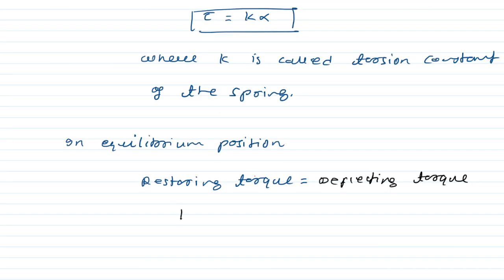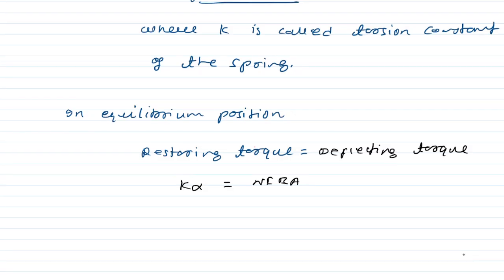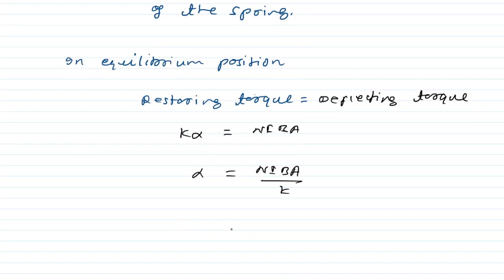So k alpha will be equal to NIBA. From here we can say the angular deflection alpha will be NIBA upon k, or we can write NBA upon k into I.